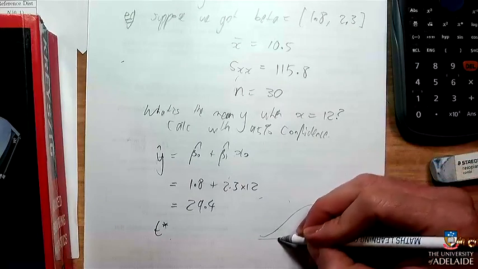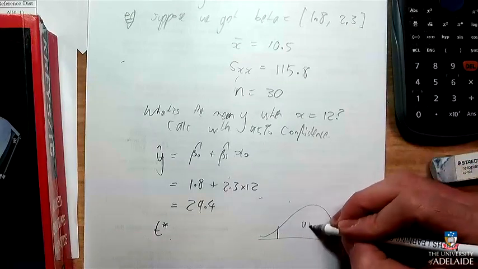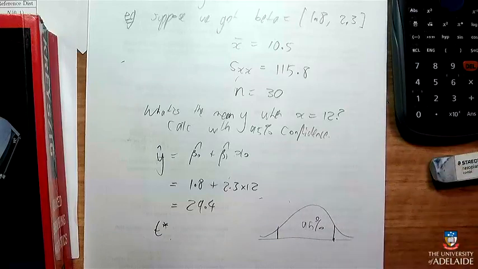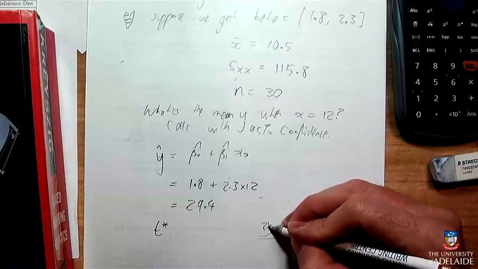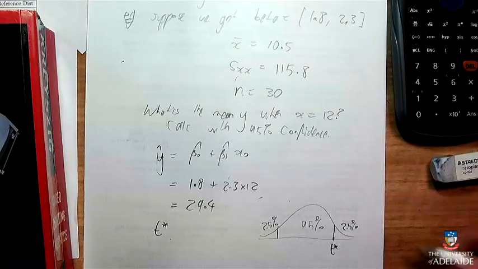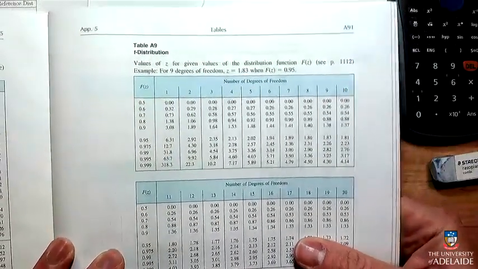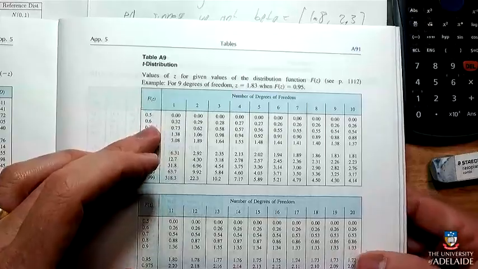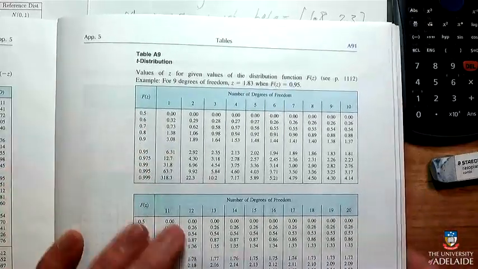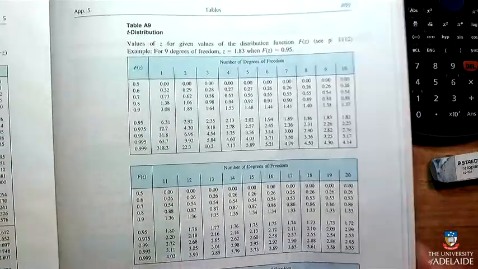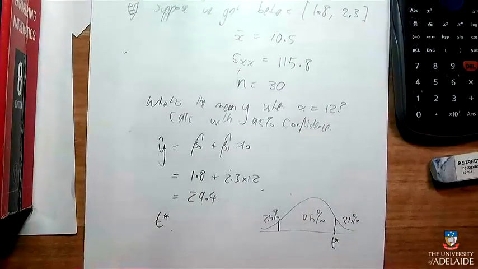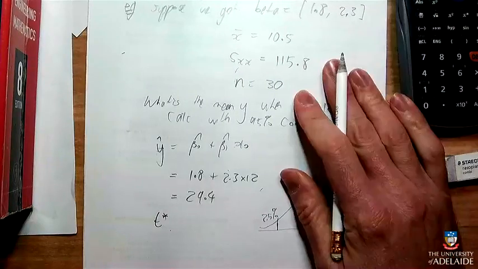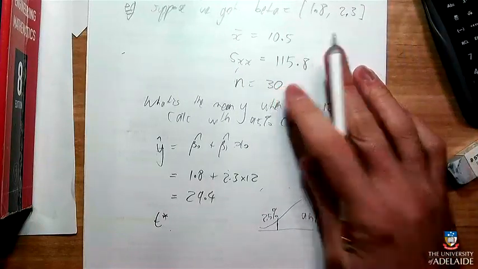I need it to be that it's 95% in the middle, which means because it's symmetrical I'm going to need 2.5% on either side, and that's my t star just there. And this is the t distribution with n minus 2. Okay, 30 minus 2 is 28.